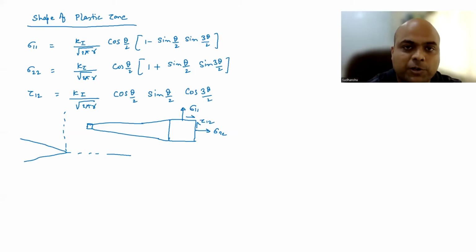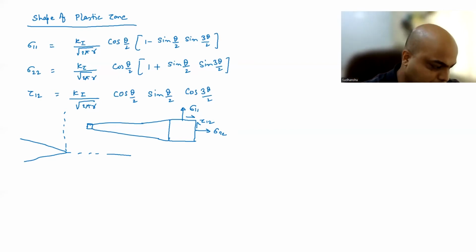So first of all, we have to calculate the principal stress values at different points. And then we use those principal stress values in the Tresca criterion and von Mises criterion to calculate what is going to be the plastic zone size or Ry. Okay, so let's do that. So first we have to calculate sigma 1 and sigma 2, that means principal stresses, in terms of r and theta.